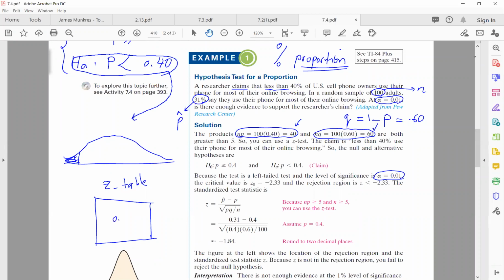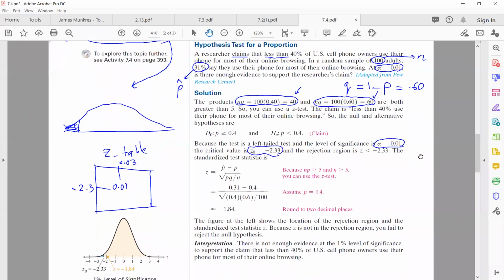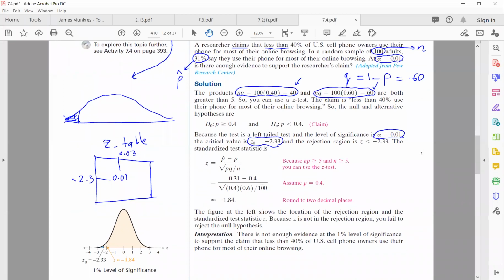We find 1% inside the table, and we find the critical value negative 2.33. This is your critical value. This is the number that divides the rejection region from the rest of the graph.